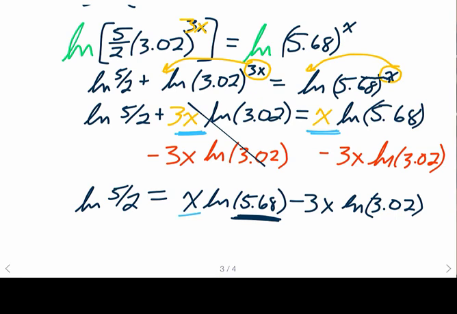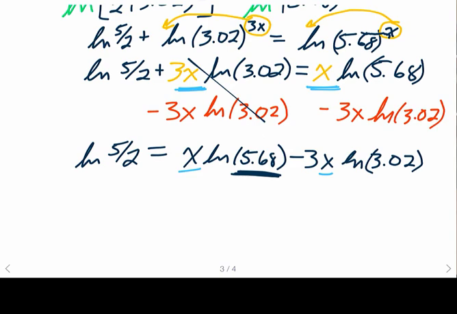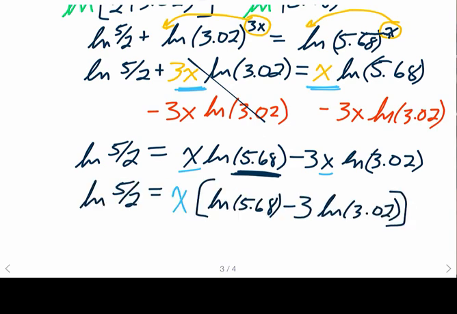Hey, I have x's in both terms on the right-hand side. I bet we can factor and then divide. So when we pull the x's out of those terms, we end up with the natural log of 5 halves is equal to x times the quantity of the natural log of 5.68 minus 3 times the natural log of 3.02.